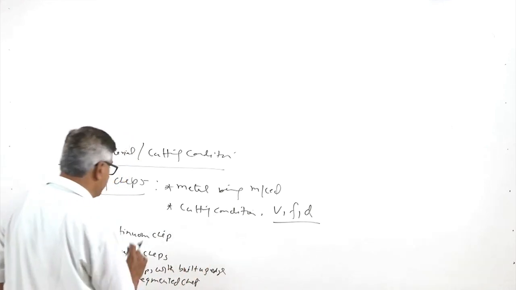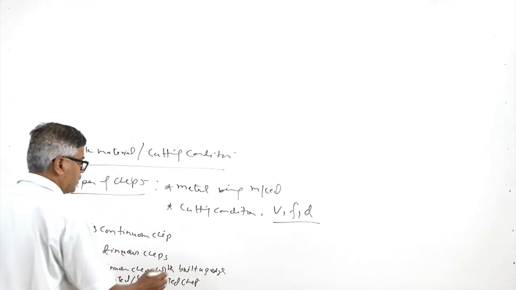So, these are the four types of chips which are commonly observed.